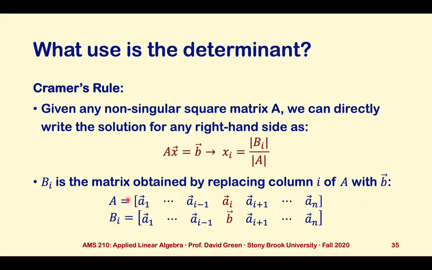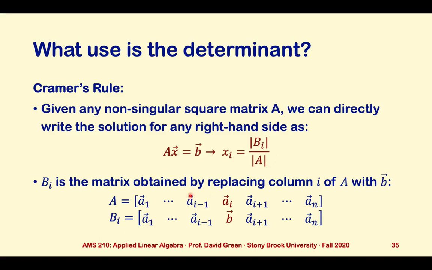So if we think about A as being made of a set of n columns, the ith column here, we replace that one column with B, leaving all of the other columns exactly the same. That's what we mean by Bi. The determinant of this is the numerator in this form. The determinant of the original matrix is the denominator.